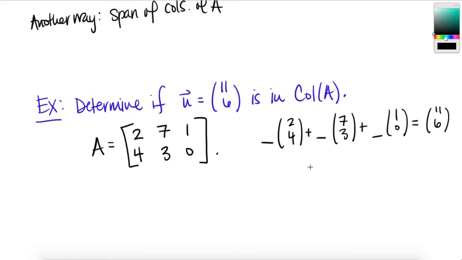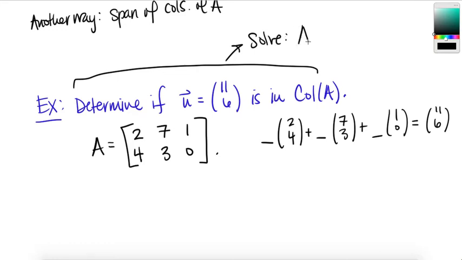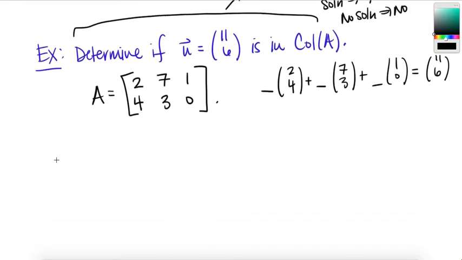And let's remember, how do we figure out how to do this? Well, we solve. So to do this, we see if Ax = u has a solution. So if there's a solution, then it's a yes. If there's no solution, if it's inconsistent, then there's a no. Okay, let's see how this goes.